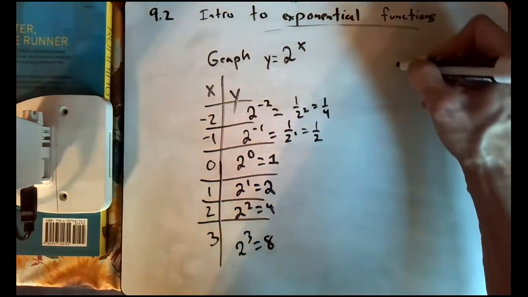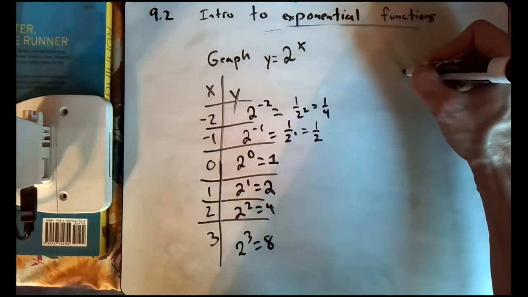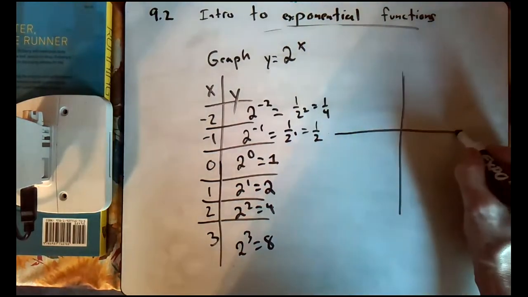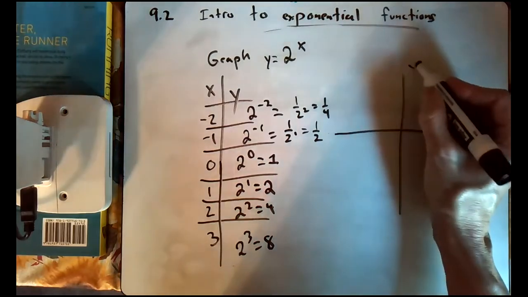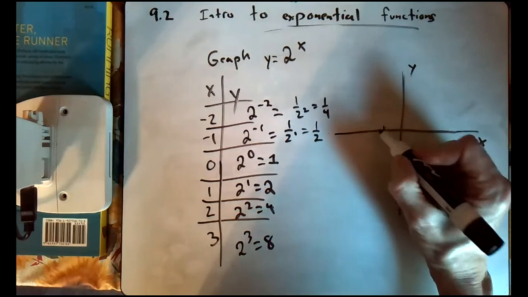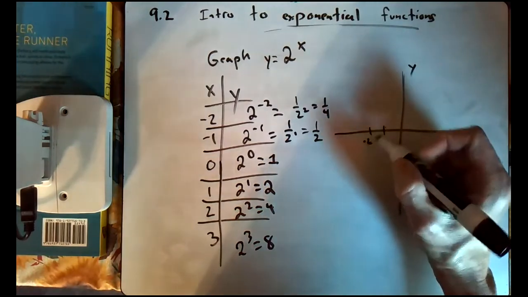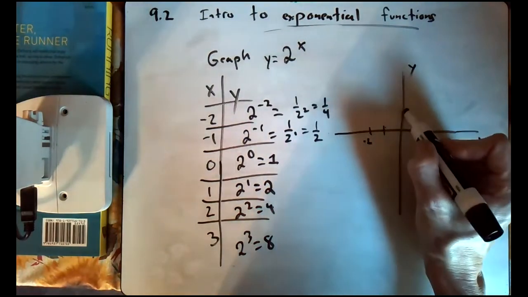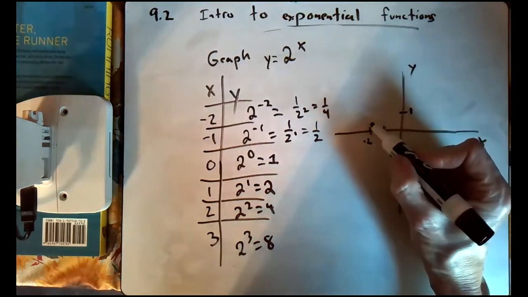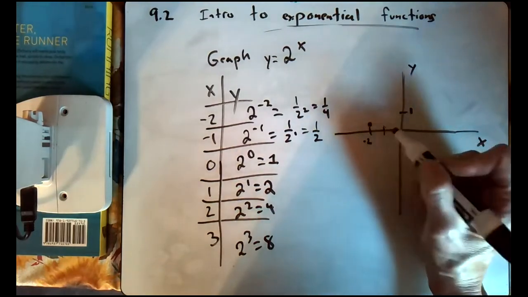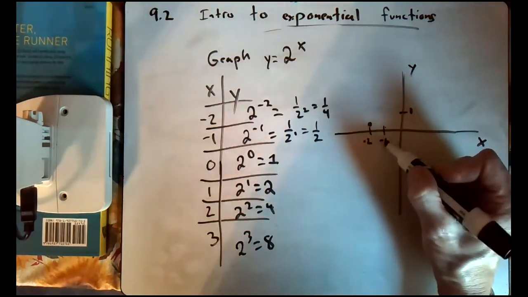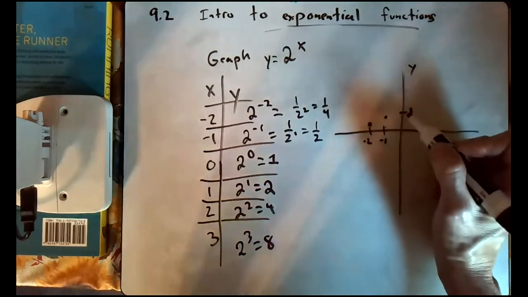So what does this look like graphically? Let's see. When x is -2, y is 1/4. So I'll just put this as 1 right here. A fourth is pretty close to y equals 0, so that's about right there. When x is -1, y is a half.